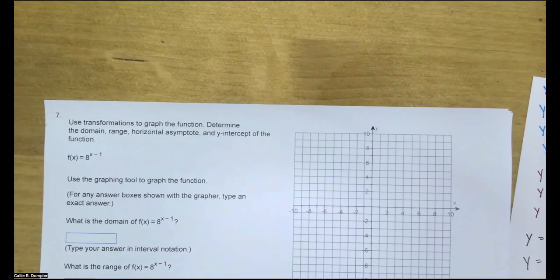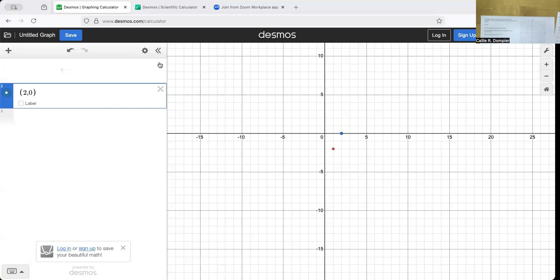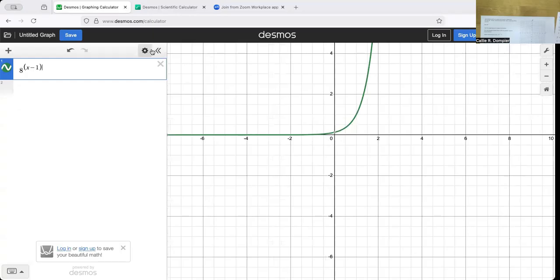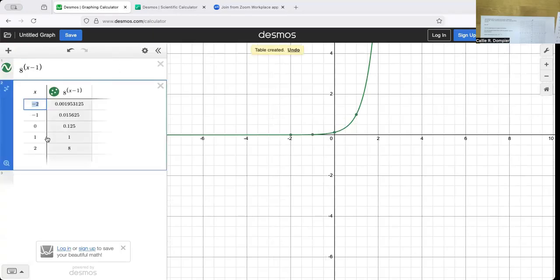If we were to put this into Desmos, you can pull down a table of values. 1 becomes the x value.